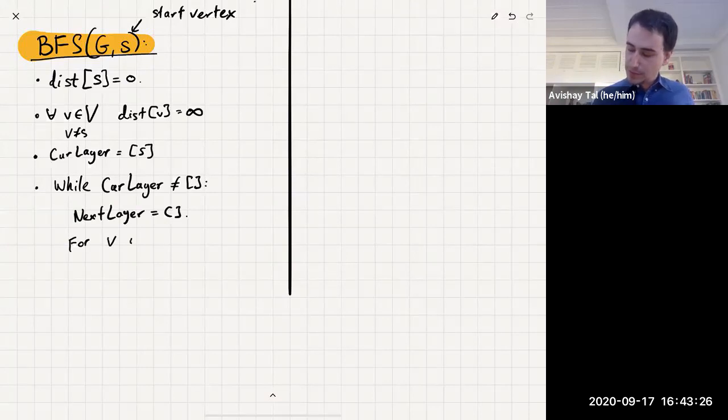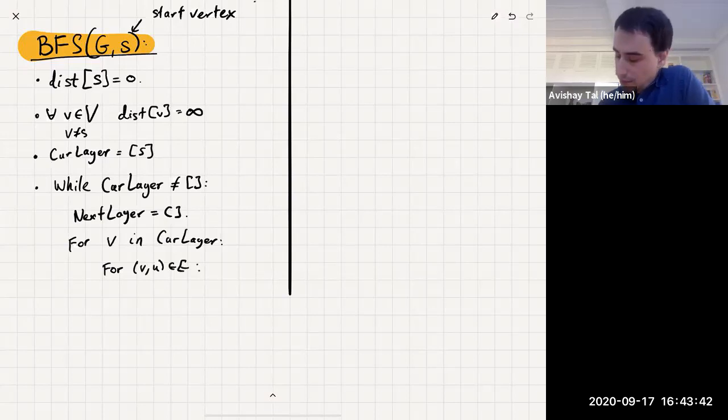So I'm going to iterate over all vertices in the current layer. And I'm going to go over all edges between a vertex V and another vertex U. And I'm going to check. If U was discovered already, then the distance would have been smaller than infinity. So I'm checking whether the distance is infinity.